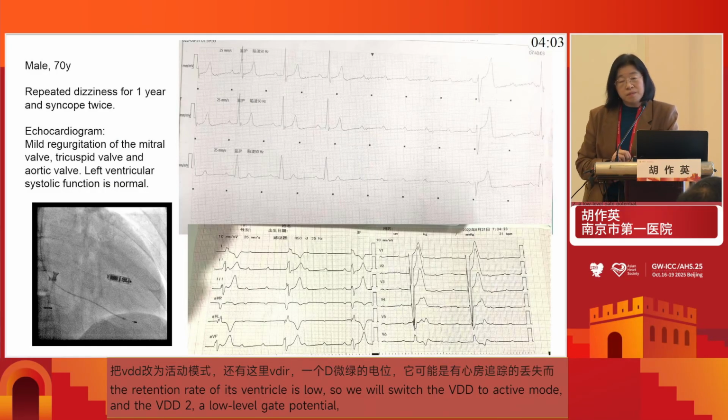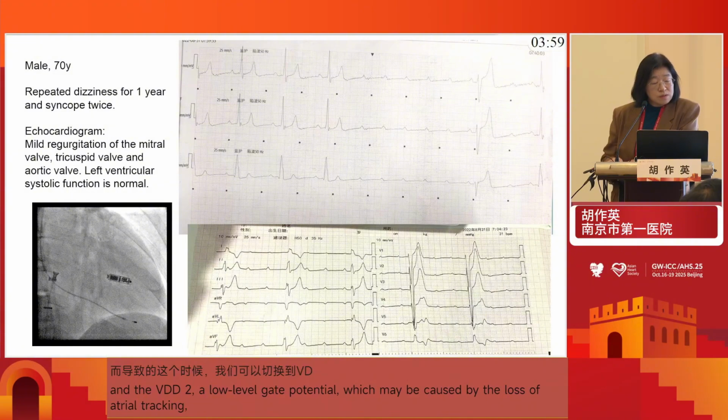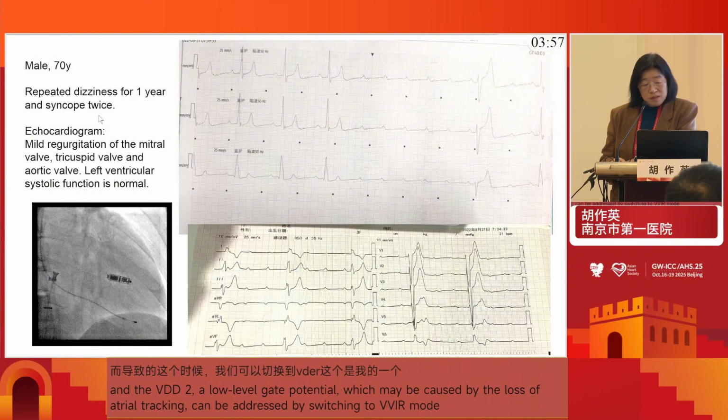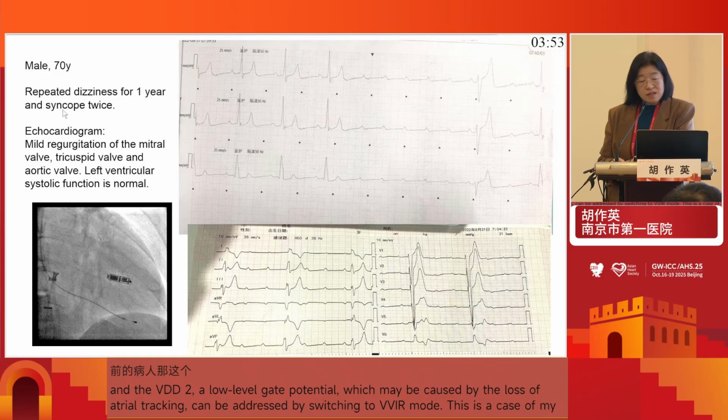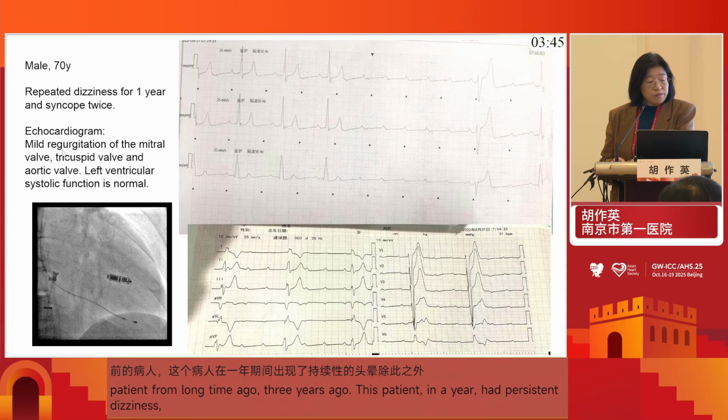This is my patient from a long time ago, about 3 years ago. The patient had repeated disease for 1 year and had a syncope. It is EKG, and his echo is normal, with only minor regurgitations.